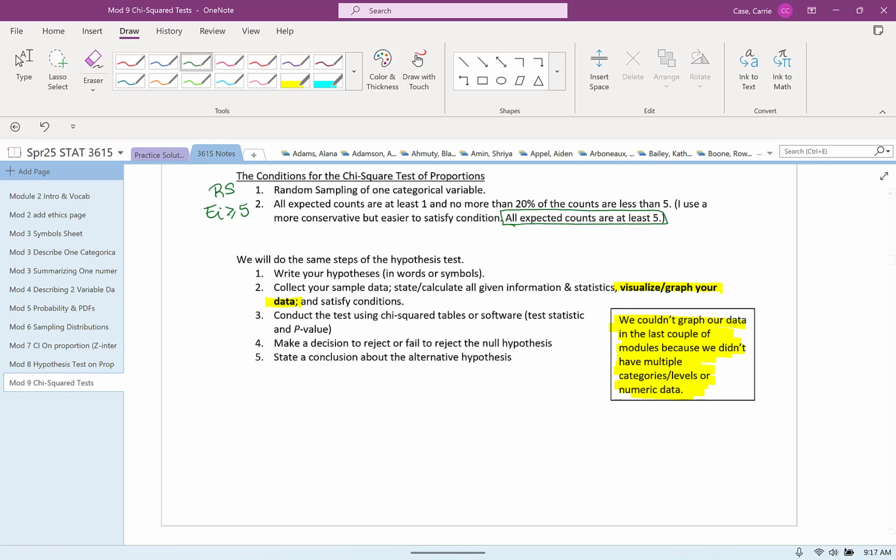So we need to satisfy our conditions, and then step 3 is to do the hypothesis test and calculate our test statistic and our p-value. We will do one of these by hand, but normally we'll use software, R, for us. Make a decision to reject or fail to reject the null hypothesis, and state a conclusion about the alternative hypothesis.